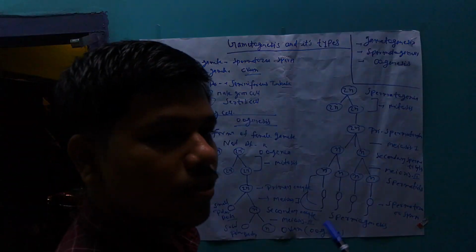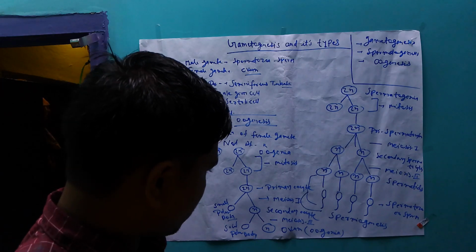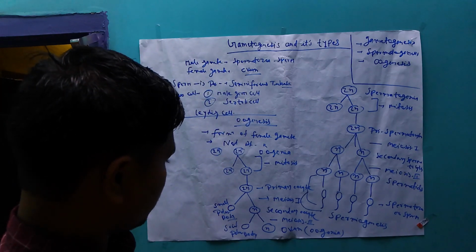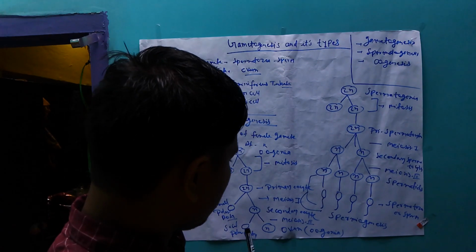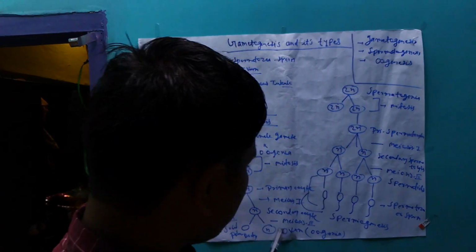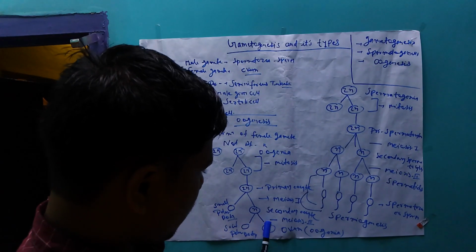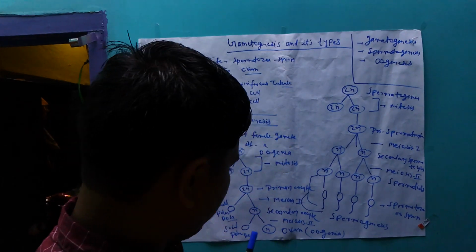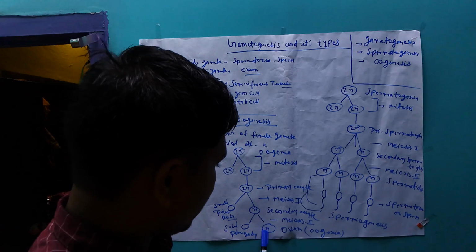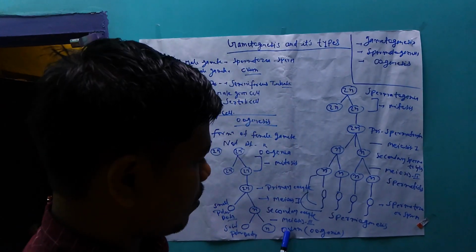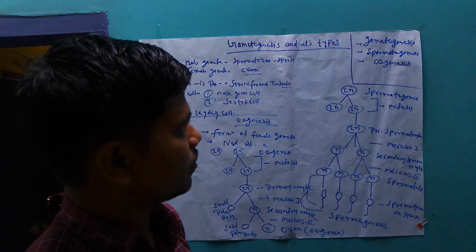Primary oocytes undergo division by meiosis first. Then we get the secondary oocyte, and firstly a small polar body. The secondary oocyte undergoes division by meiosis second. Then we get the second polar body and the ovum. Thanks.